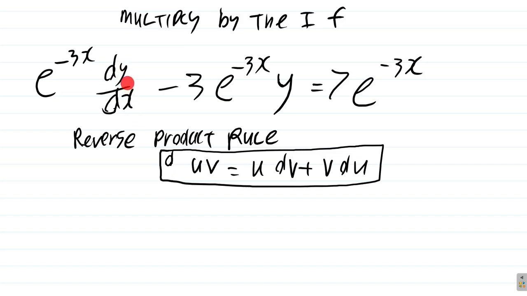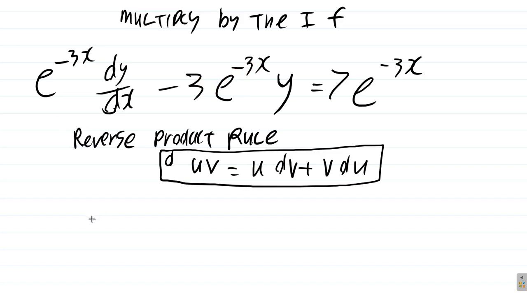Now what did you hold and what did you differentiate? Obviously, here you differentiated y. You hold e to the negative 3x as it is, differentiate y. Plus, you hold y and you differentiate e to the negative 3x, you get negative 3e to the negative 3x.